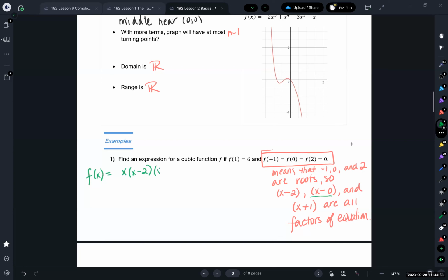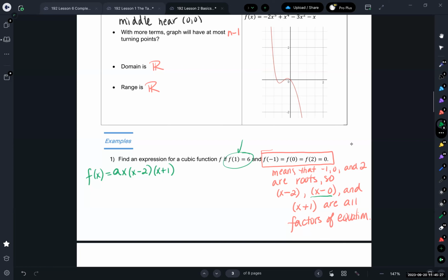And x plus 1. Okay. So we know these are all factors, and if we multiplied those all out, we would get something cubic. So we're really close to having an answer, but there's got to be a possibility of some coefficient a out here as well. So we use the factors we found from the roots, but then we're going to use this one other point, f of 1 equals 6, to help us solve for that a.